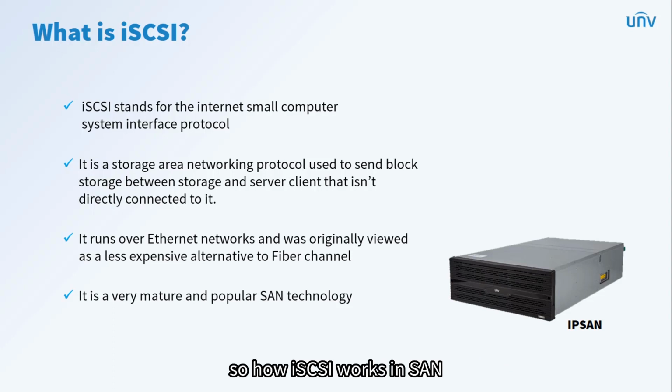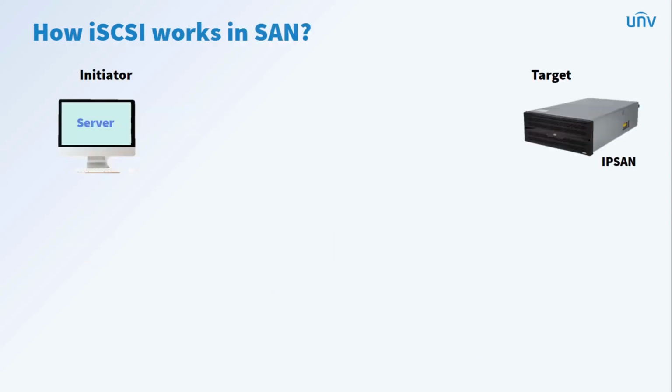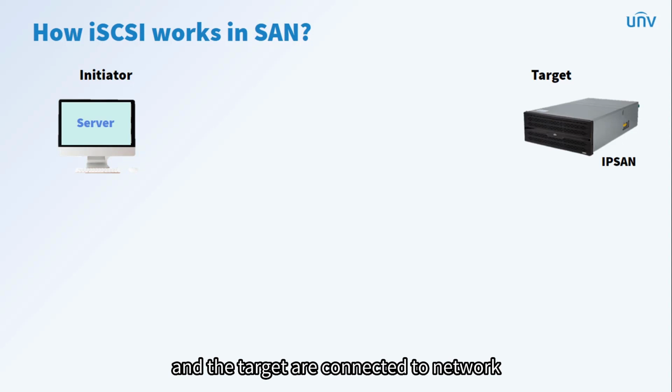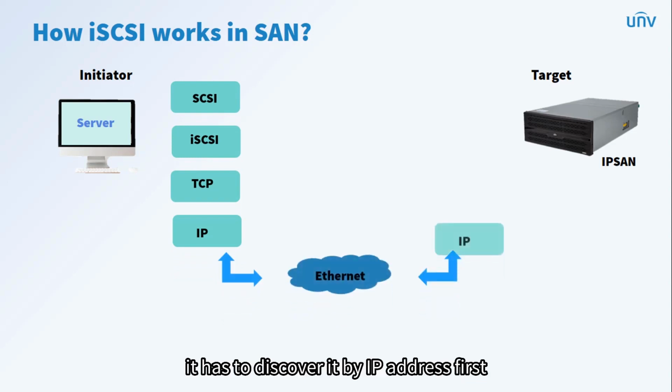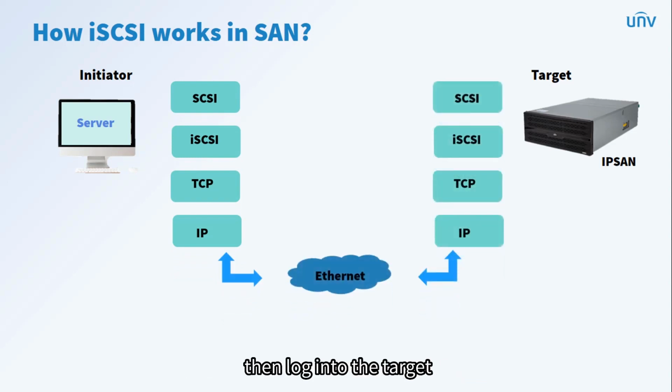So how does iSCSI work in a SAN? An iSCSI storage area network consists of iSCSI initiators on storage clients and iSCSI targets on storage array controllers. The initiator and the target are connected to the network. When an initiator is going to establish a connection with a target, it has to discover it by IP address first, then log into the target.